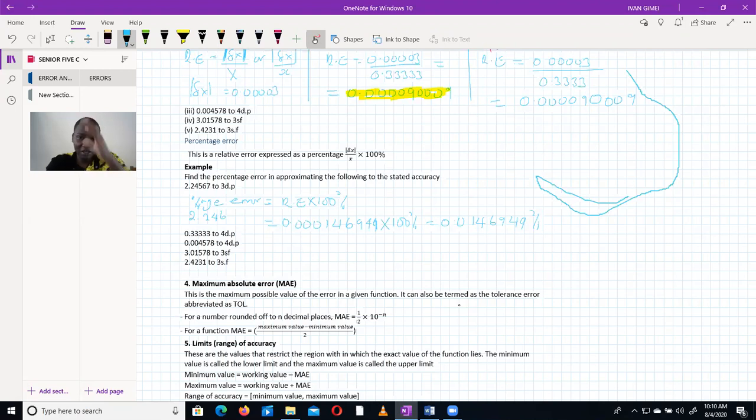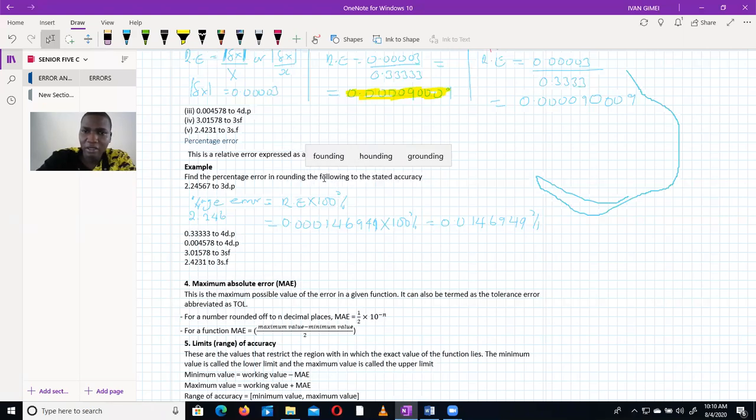So I think that's something you should know. Let me get you a question. This one you can do by rounding off. Let me change this one also to rounding off, because you can approximate by truncating. So let me use rounding off.